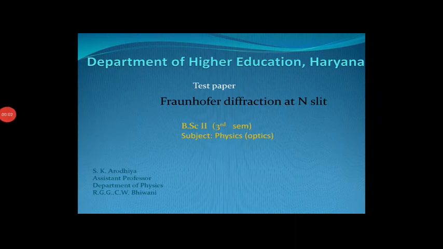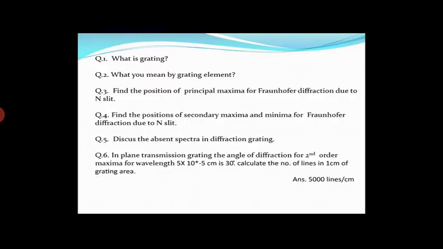In this lecture, we have studied the Fraunhofer diffraction at N-slit, or we can say grating. So here are some basic questions from this lecture. Question 1: What is grating? You have to define grating. The next question is, what do you mean by grating element?